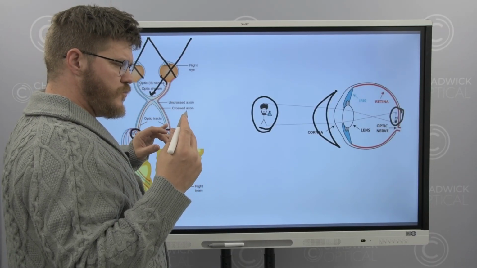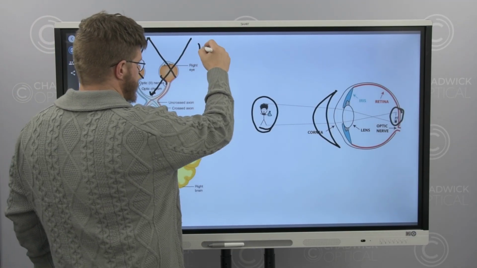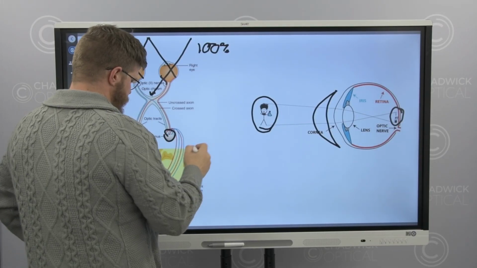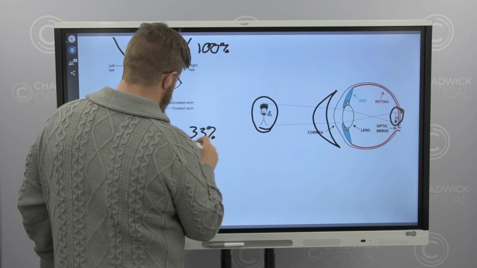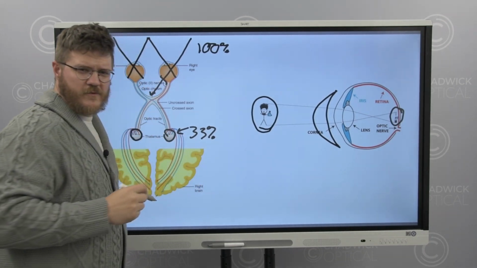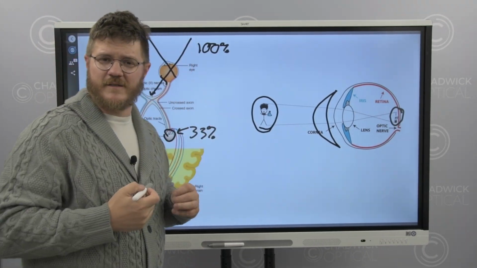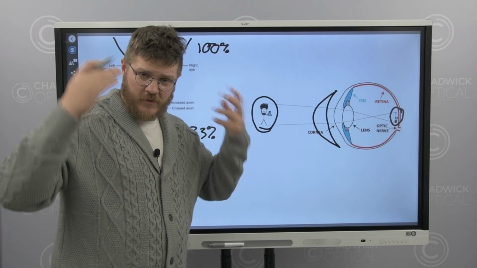So here you start with 100% of your data coming into your retina. And what's interesting is about 33%, about a third, gets dropped off here. And we never actually see it in the traditional sense of seeing, but that doesn't mean that our body doesn't use it. And that's where all the magic of vision that we don't see happens.